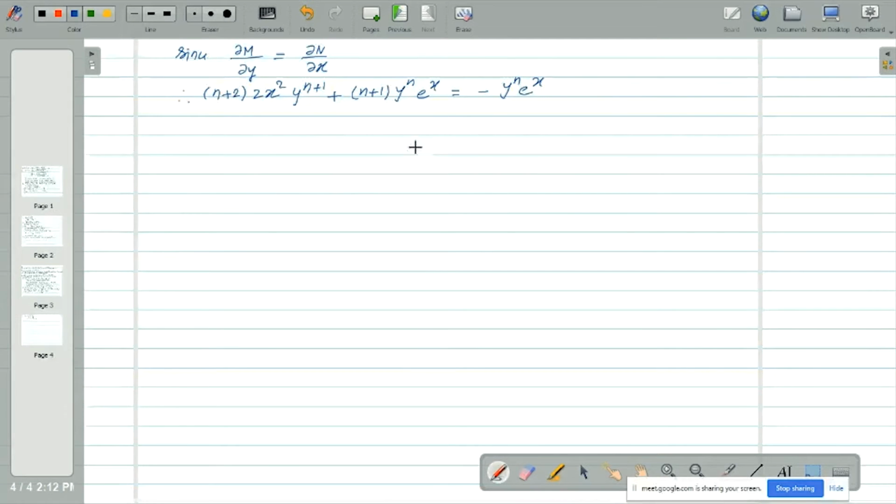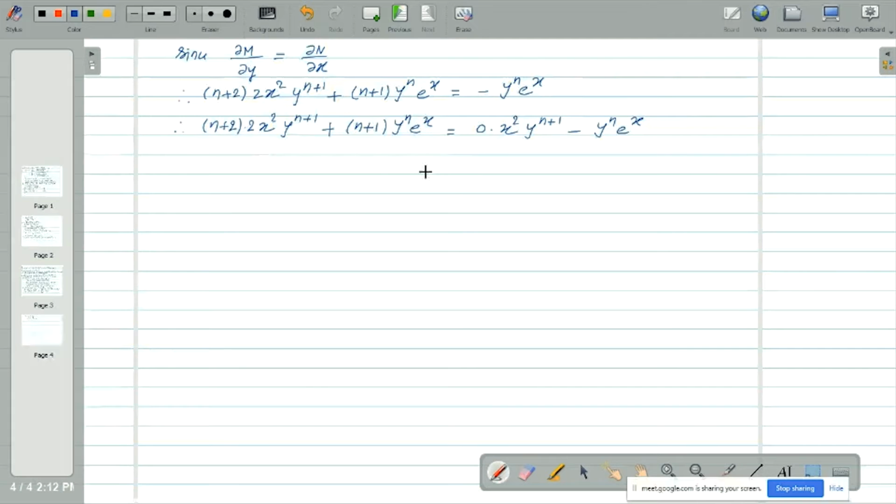Now what? We compare this expression. See here, if I write this expression like this: (n plus 2) into 2x square y raised to n plus 1 plus (n plus 1) y raised to n e raised to x equals 0 times of x square y raised to n plus 1 minus y raised to n e raised to x.